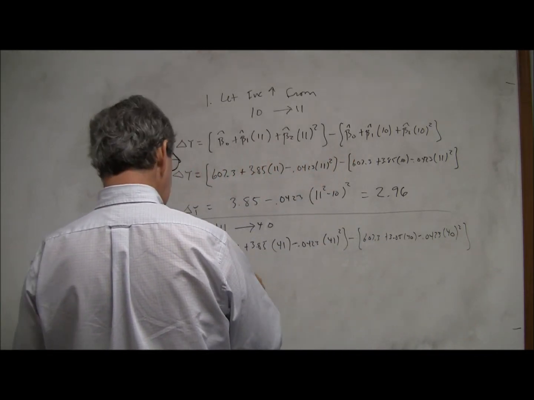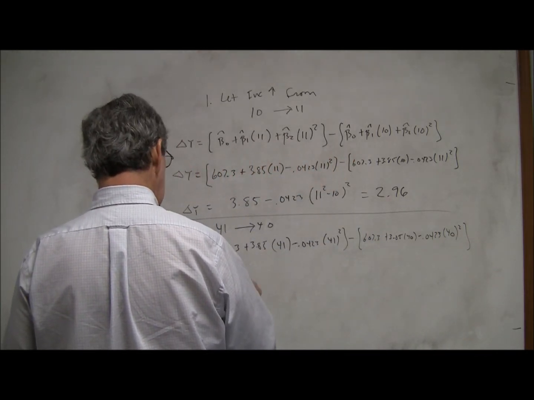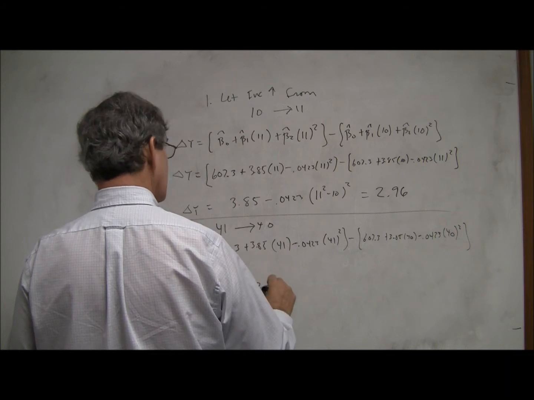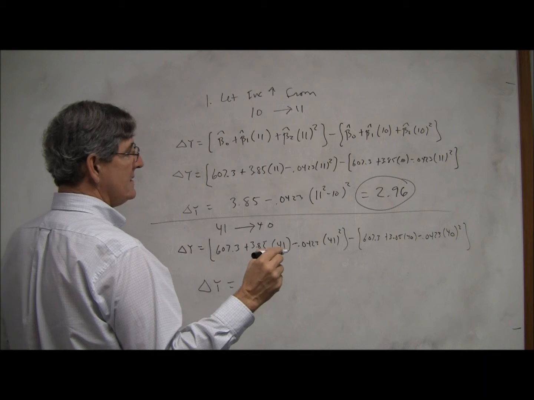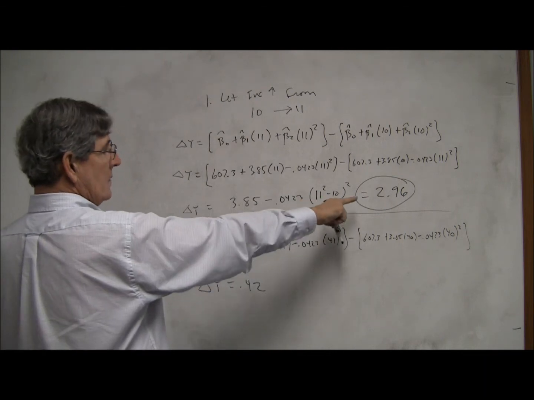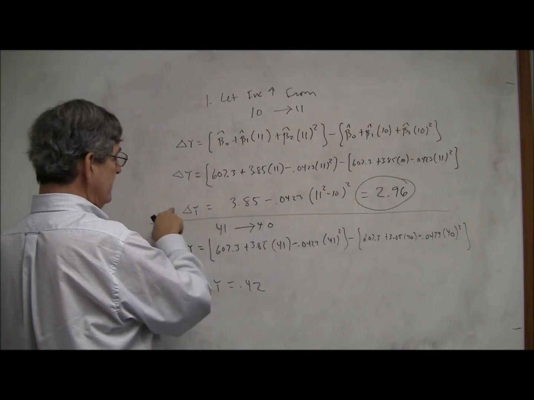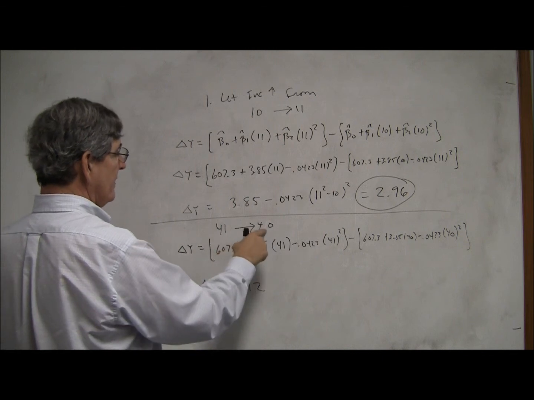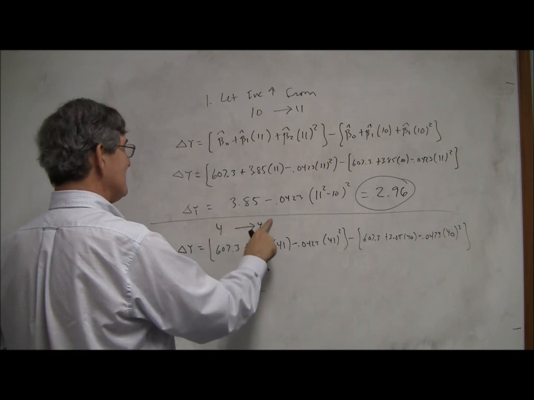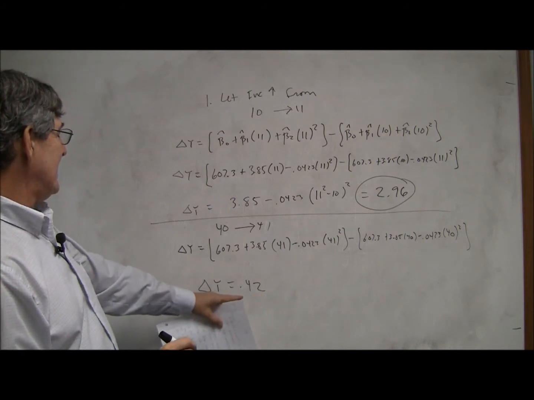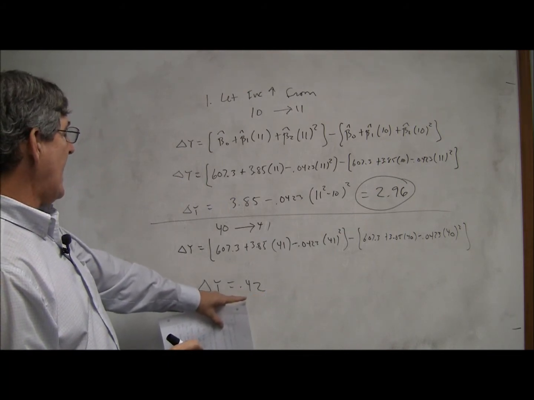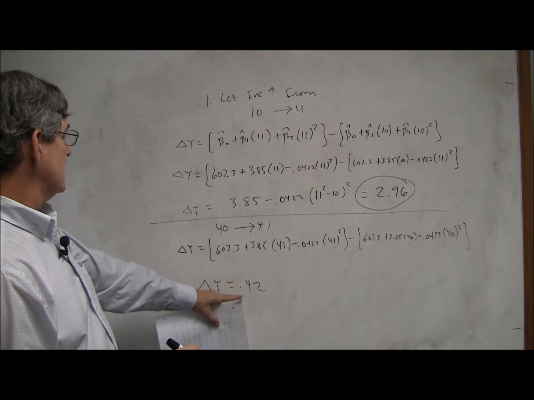And if you do the math, you'll get the change in y equals 0.42. So when we went from 10 to 11, we got about a 3-point bump in test scores. When we go from 40 to 41, we get a change of 0.42, about a half a point change, a little less.